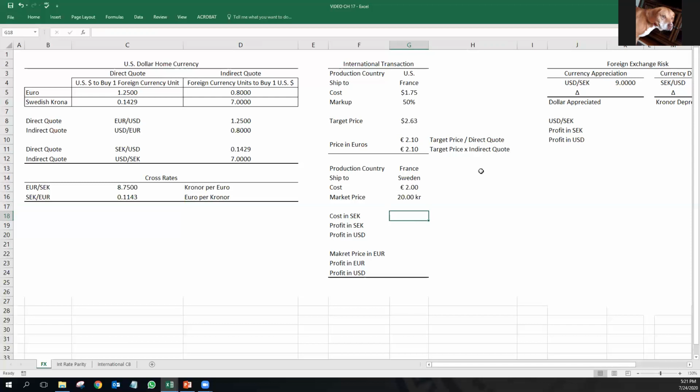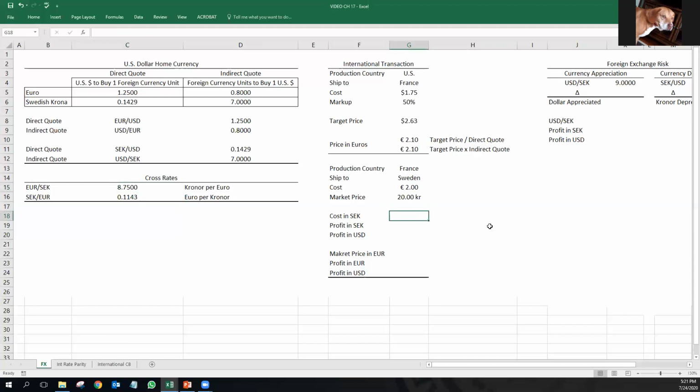So first, let's talk about what this €2 translates to in Swedish kroner. There's more than one way to do this, but this is the way we're going to do it. Transferring the cost to Swedish kroner. So how do you do that? We already have the cross rate here, the euro and the Swedish kroner.